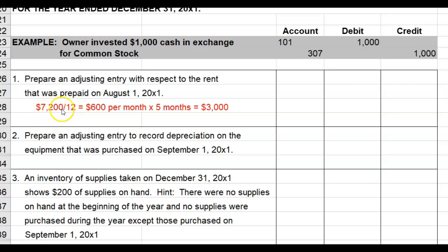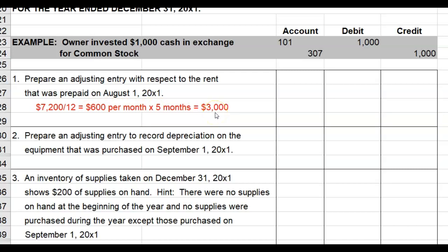Therefore, $7,200 divided by 12 equals $600 per month rent expense. But there have been 5 months since August 1st. All of August, September, October, November, and December. That's 5 months. So $600 per month times 5 months equals rent expense of $3,000.